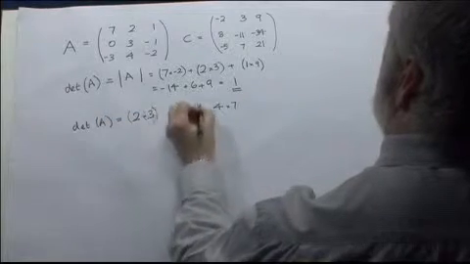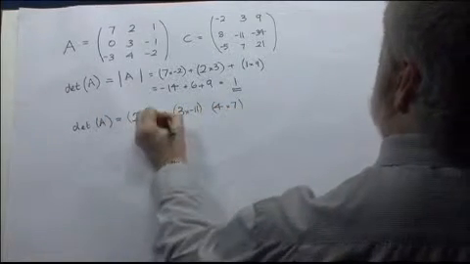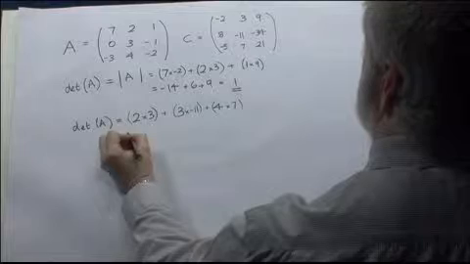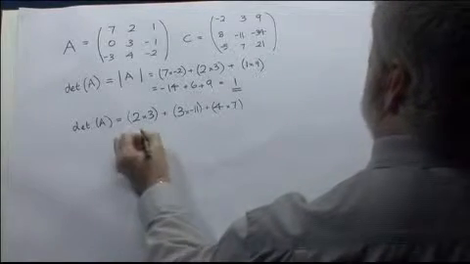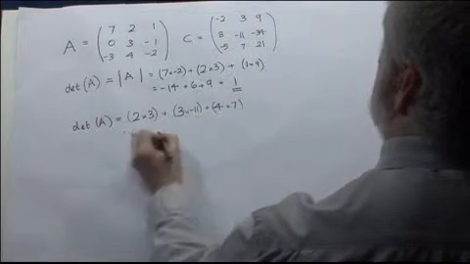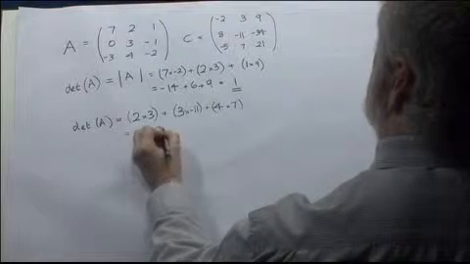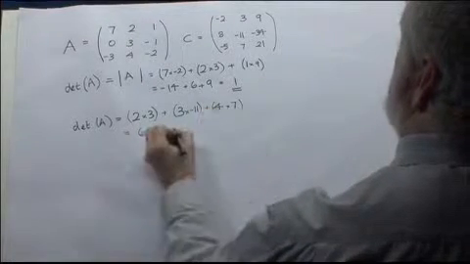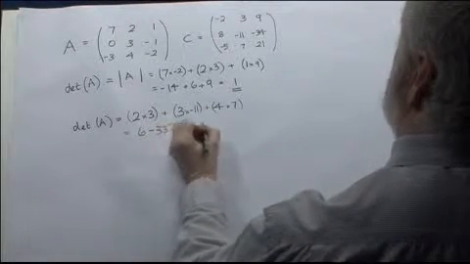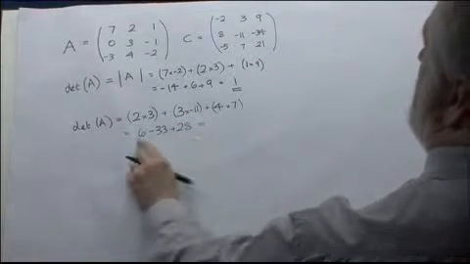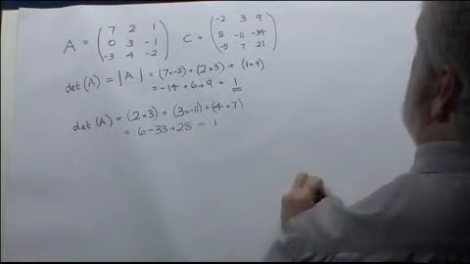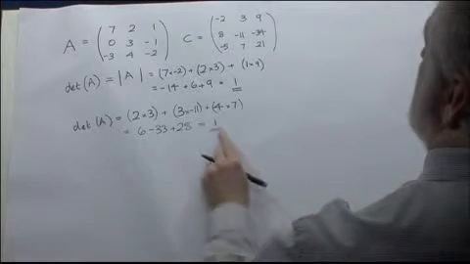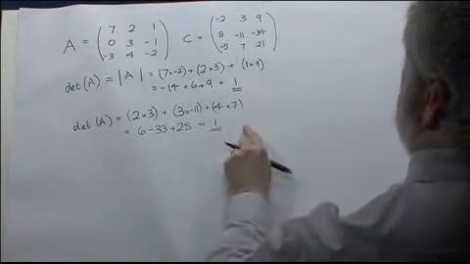So we get the three products and we add them up. So 2 times 3 is 6, 3 times minus 11 is minus 33, and 4 times 7 is 28. When we work this out, we get 1. So we get the same value.